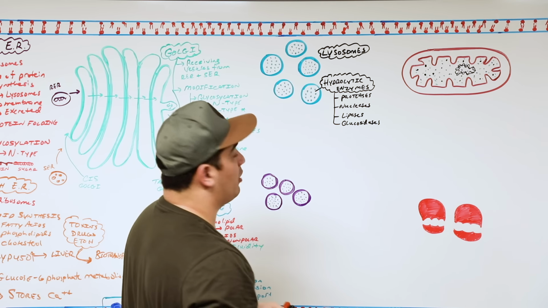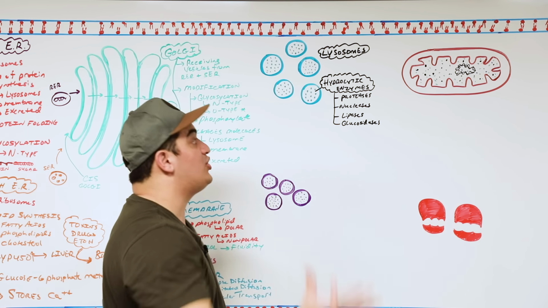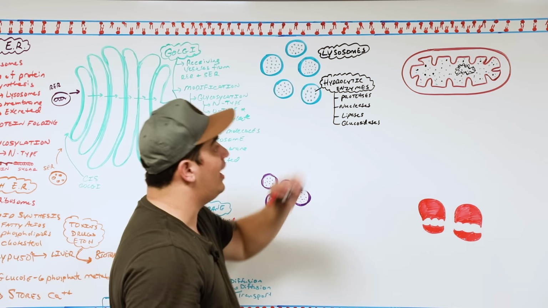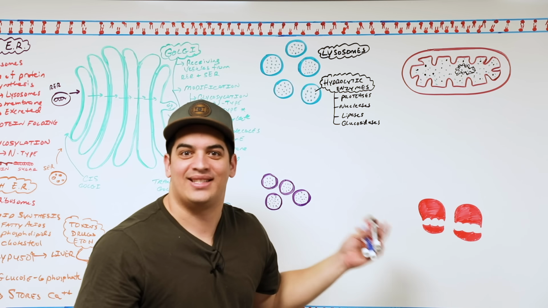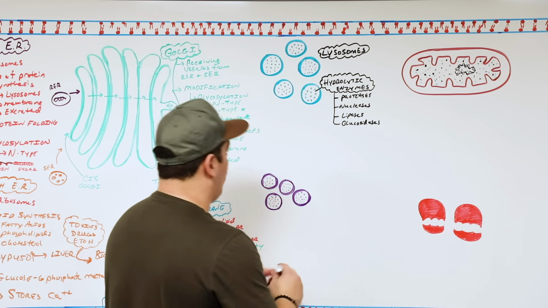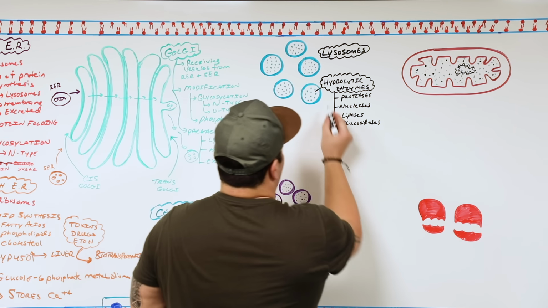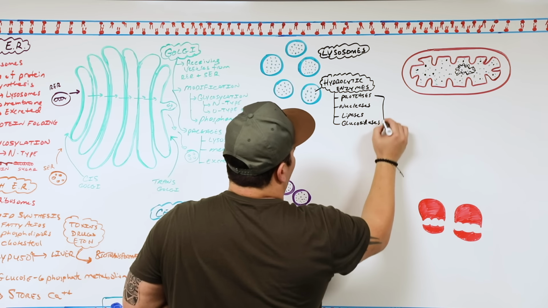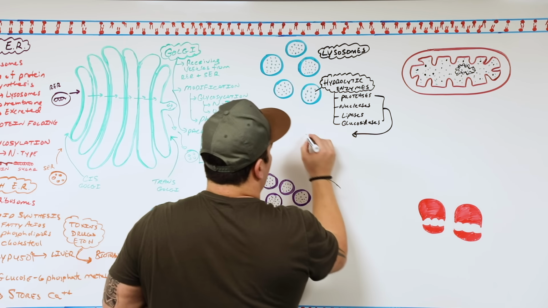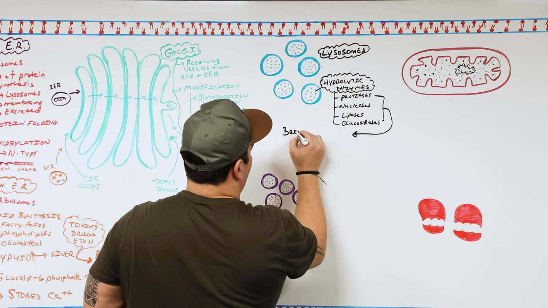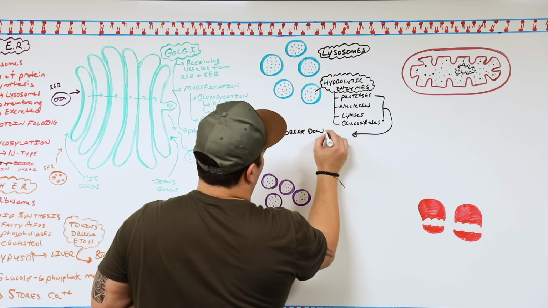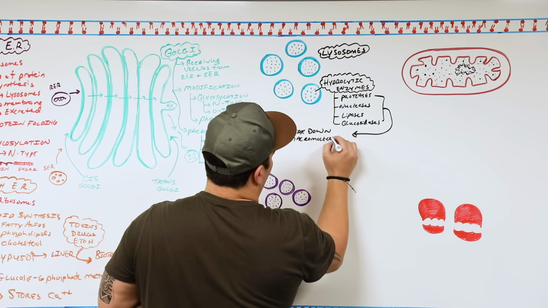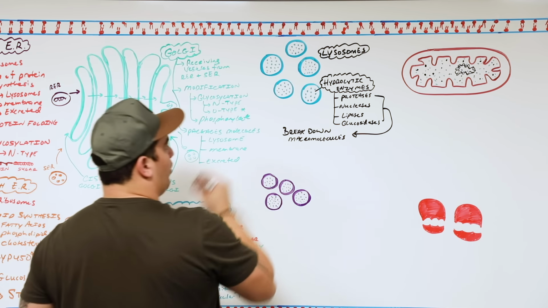And these lysosomes are responsible for using these enzymes to break down macromolecules, such as proteins, nucleic acids, lipids, and carbohydrates. That's all they do. So that's an important thing to remember: these hydrolytic enzymes all break down their respective macromolecules, as we already said. That's one thing I really want you to remember.